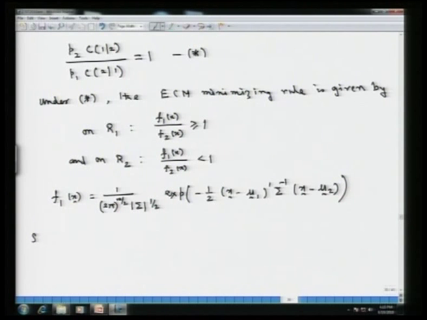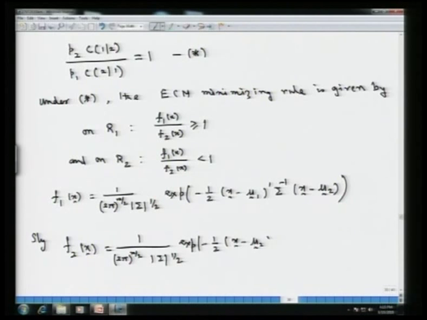And similarly, we have f2(x), the joint density of the elements of that x vector under the pi 2 population, given by 1 upon (2 pi) to the power m by 2, determinant of sigma to the power half, and then e to the power minus half (x minus mu2) transpose sigma inverse (x minus mu2), right.